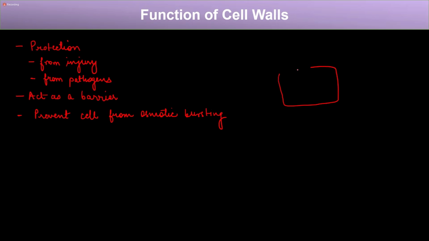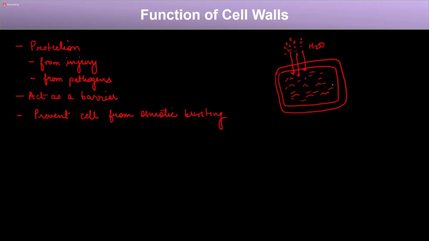If you have a cell, this is the plasma membrane, and outside the plasma membrane you have a cell wall. Now if water molecules are in very high concentration outside the cell, they will start moving inside the cell. And if the concentration outside is very high, more water molecules will move.